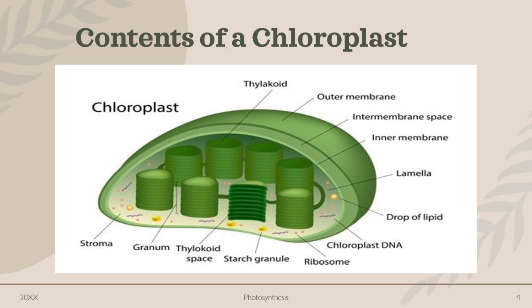So the ribosomes here are present because these loops of DNA which are present inside the chloroplast send signals for the production of the protein, and the protein synthesis takes place at the ribosome.